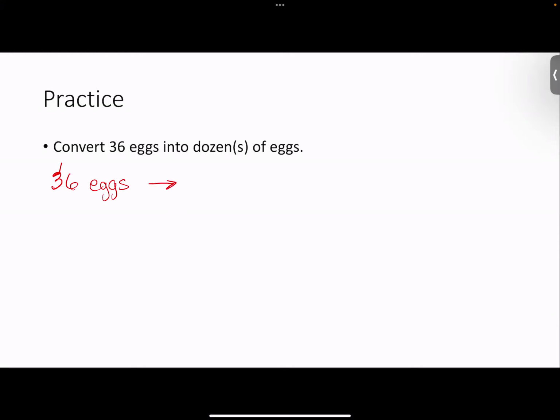We want to know how many dozen that is. Number 3, identify possible equalities. Well, we know that there are 12 eggs in 1 dozen. Step 4, perform dimensional analysis. You're going to start with the value that you have from the problem.